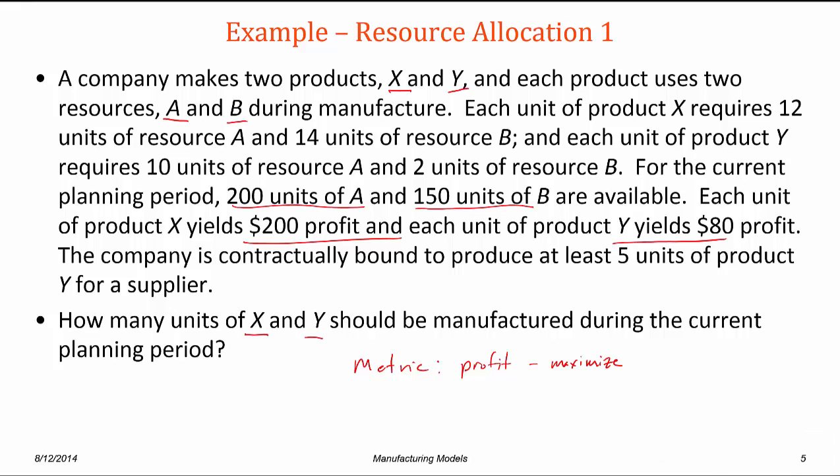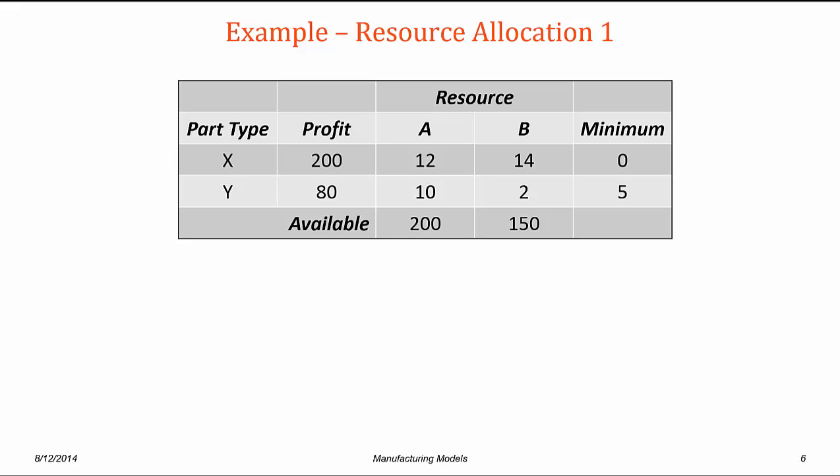So before we start to formulate the problem, I'm going to collect the information in a slightly different form. What I've done in this table is I've extracted the information from the verbal description of the problem and provided only the pertinent information in our table.